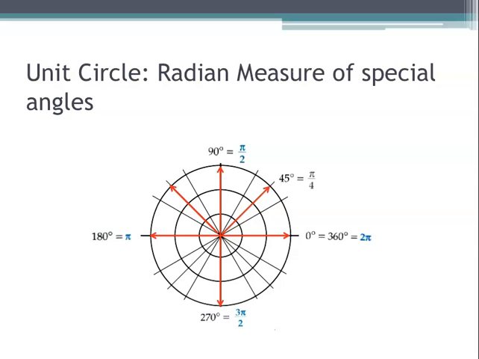After the 90-degree angle, if we add another 45 degrees, we're at 135 degrees, and that is 3 pi over 4. 45 degrees past 180 degrees is 225 degrees, and that's 5 pi over 4. You might be noticing a pattern here: we have everything over 4 right now. Continuing on, 45 degrees past 270 degrees is 315 degrees, which is 7 pi over 4.